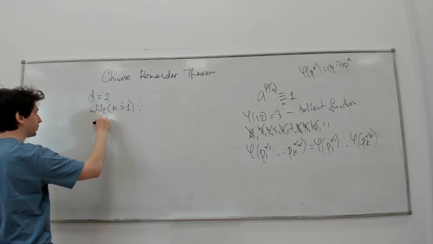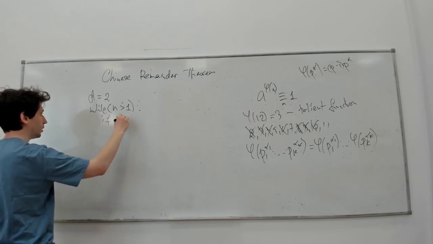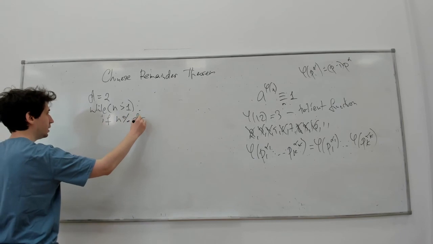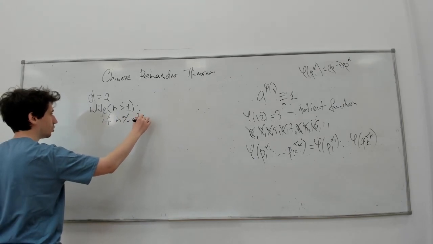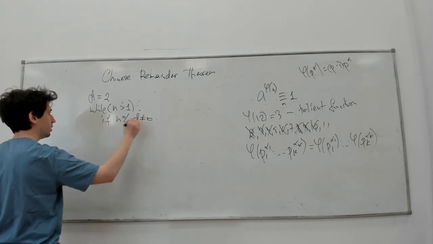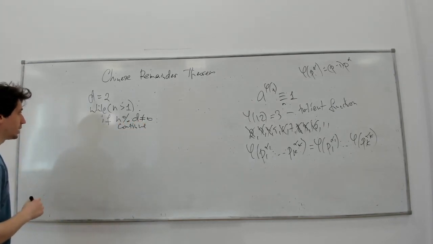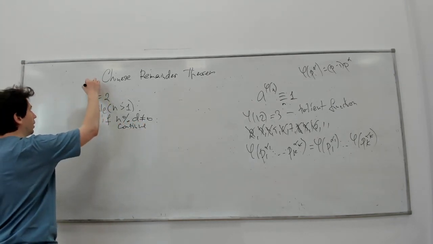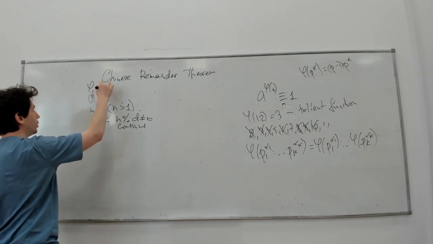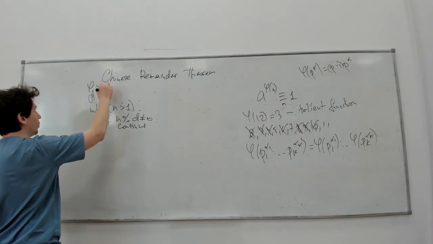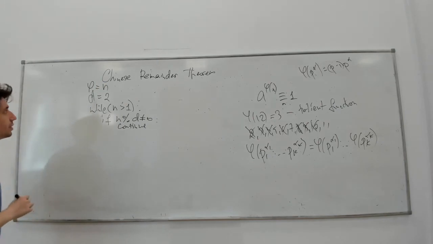If n is not divisible by d, then we continue. Otherwise, we do the following. We have the answer phi, which is n to start.